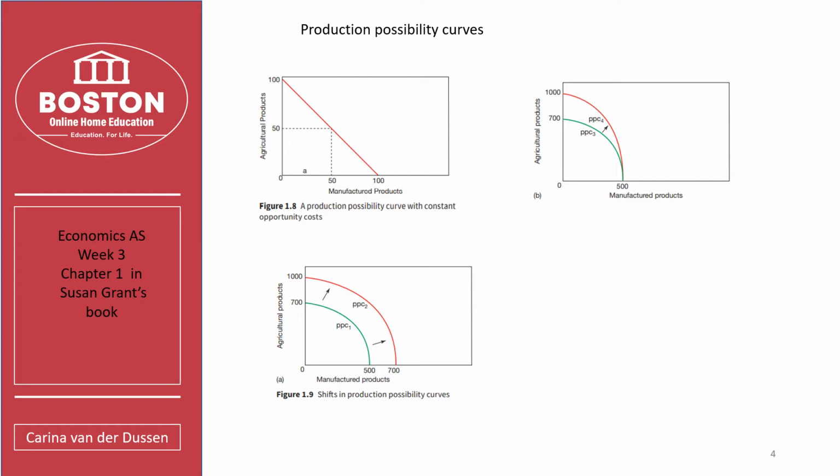So we have a constant opportunity cost. If we would have produced 75 agricultural products, we would have been able to produce 25 manufactured products. In other words, we gave up 25 agricultural products and we could have gained 25.